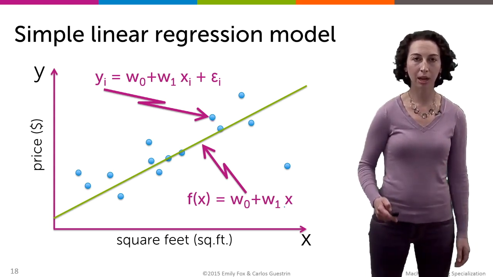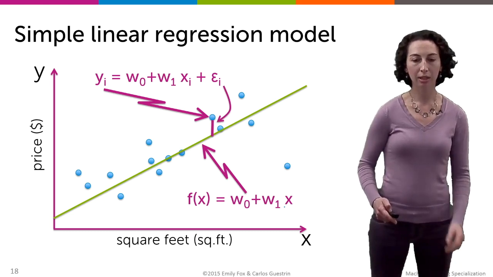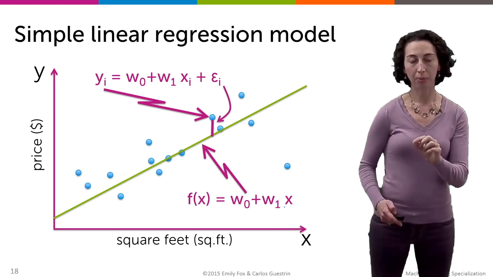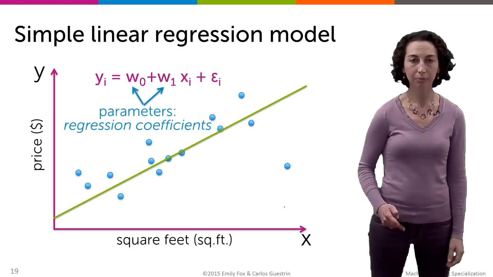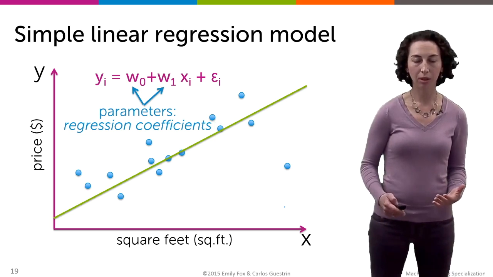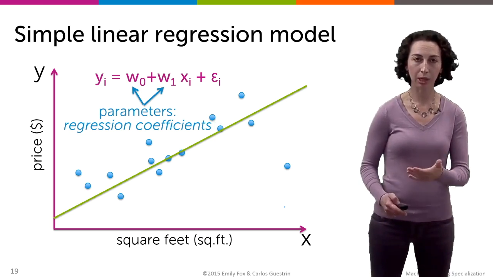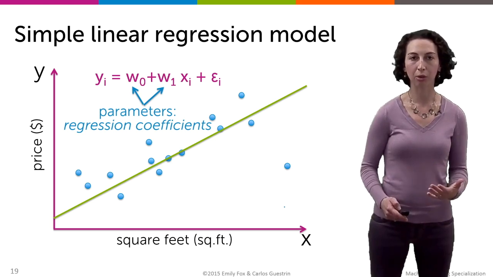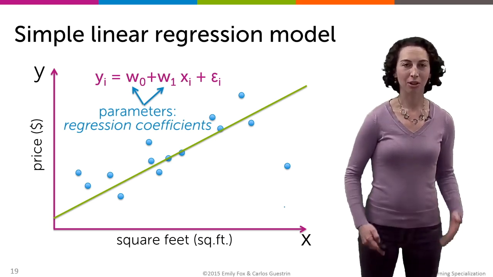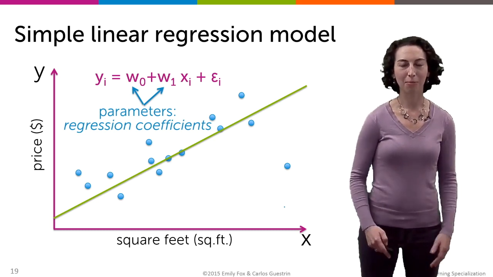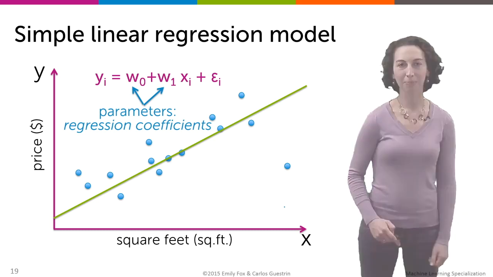And to be clear, this error, epsilon i, is the distance from our specific observation back down to the line. Okay, so the parameters of this model, W0 and W1, our intercept and slope, we call these the regression coefficients. So that summarizes our simple linear regression model. Very straightforward, very simple, but we'll get to more complicated things later.